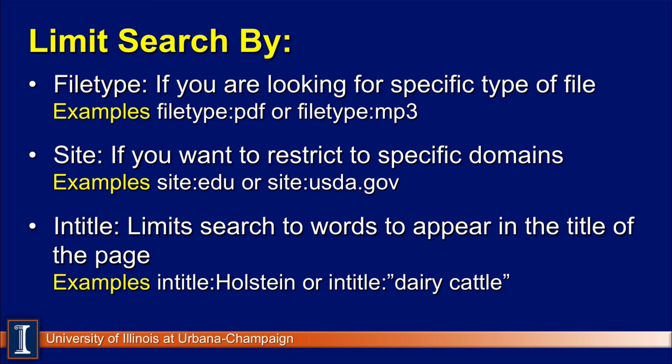That will only give you results from the USDA. Intitle is one that I found very useful in limiting the number of results. What it does is limit the search to the words that appear in the title of the page. So in this example, if I put in intitle:Holstein, it will only bring up pages that have Holstein in the title of that page.